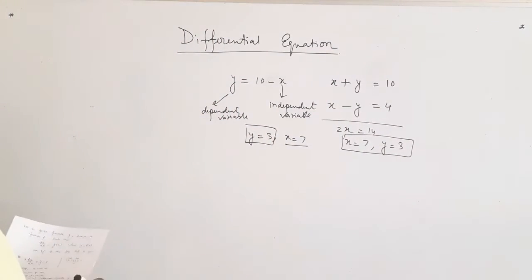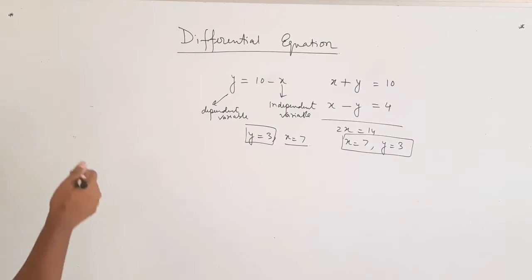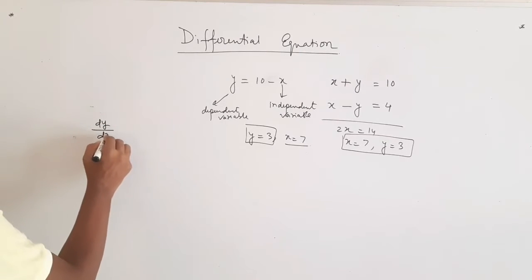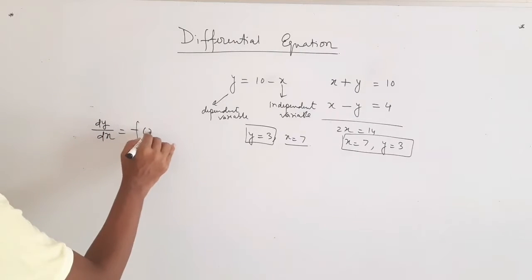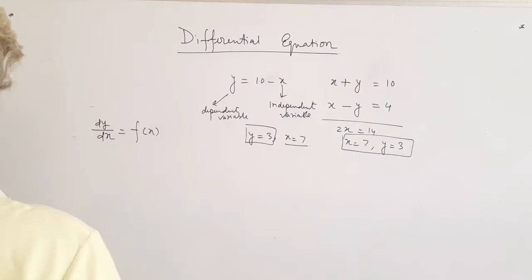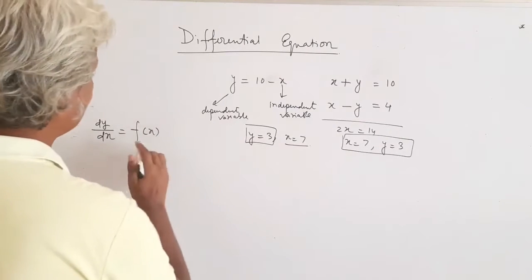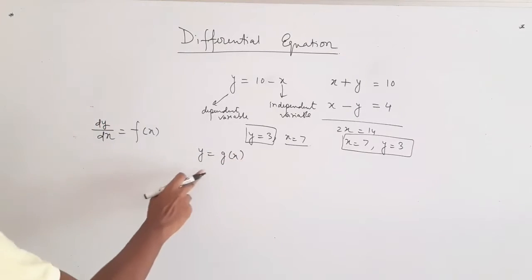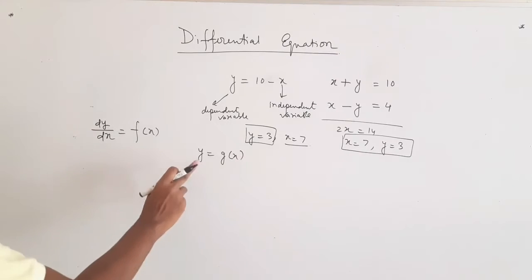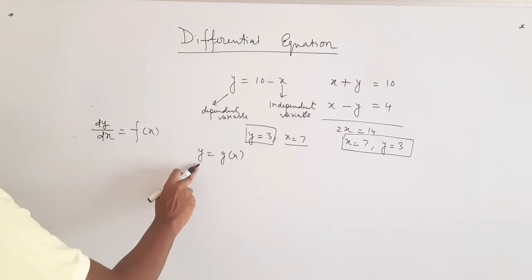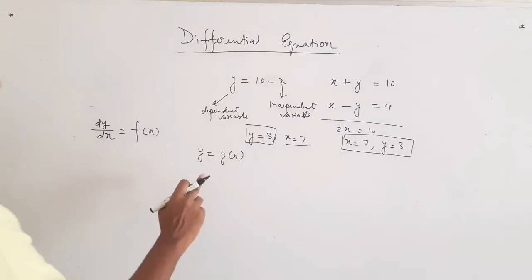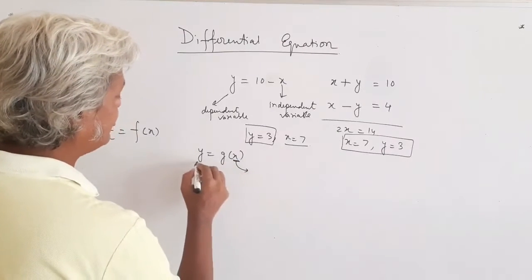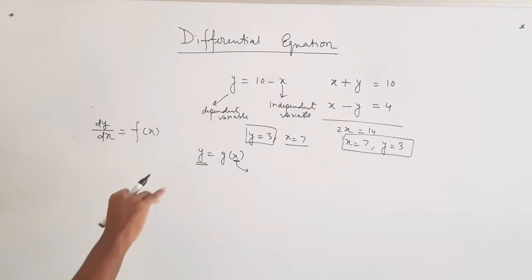But in the case of differential equations, things are very different, because we have to find an equation like dy by dx is equal to f(x). That means we have to find a function y. Suppose y is a function of x, and we take the differentiation of this y with respect to x. So what is the independent variable? This x is the independent variable and y is the dependent variable.